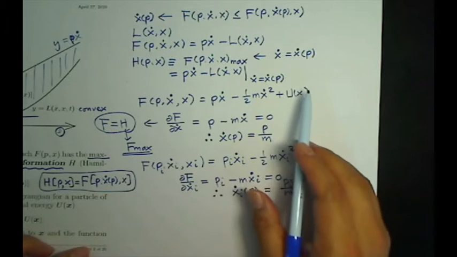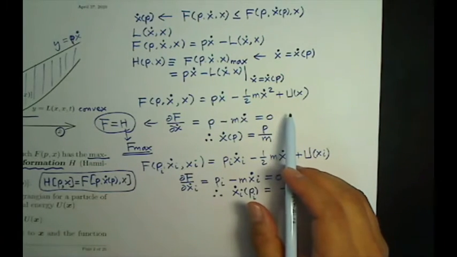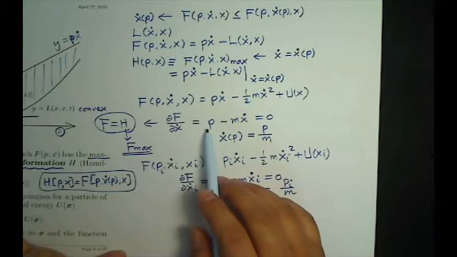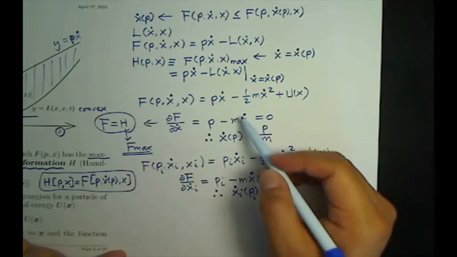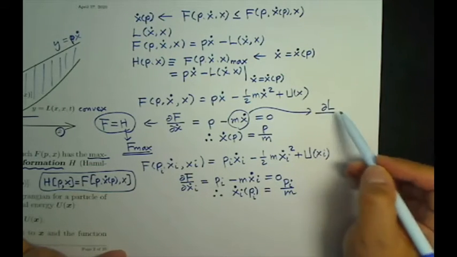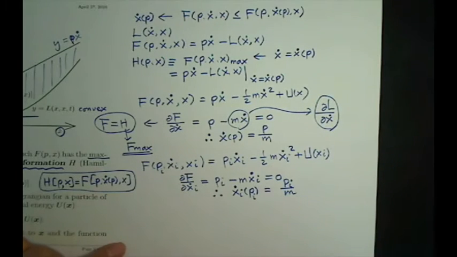We consider a conservative force independent of velocity and independent of time. Thus, what we find is that m x dot is the conjugate momentum corresponding to the coordinate x.